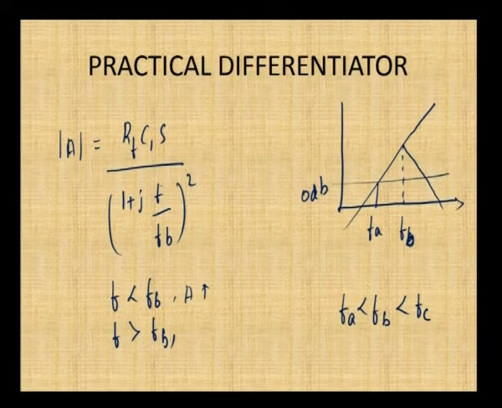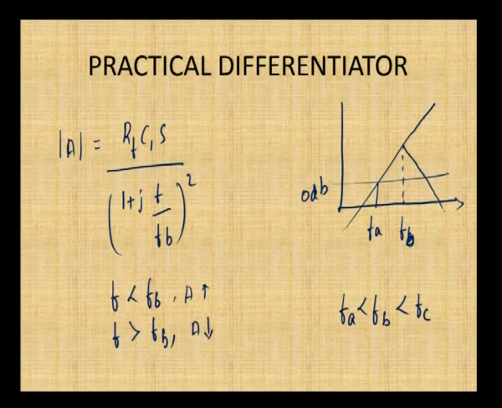If it is increased beyond this Fb, this term will be a higher term, and if you divide by a higher number, then the gain of the differentiator will be reduced, at the rate of minus 20 dB per decade.